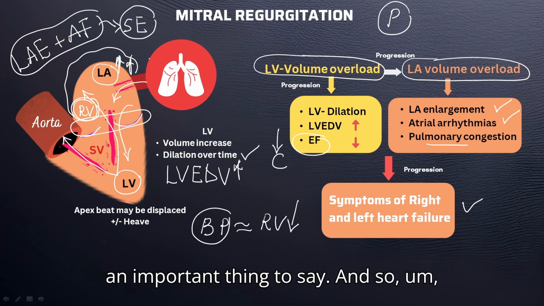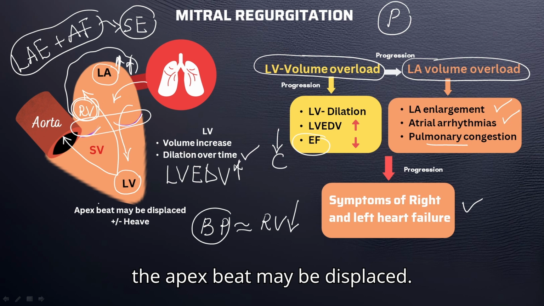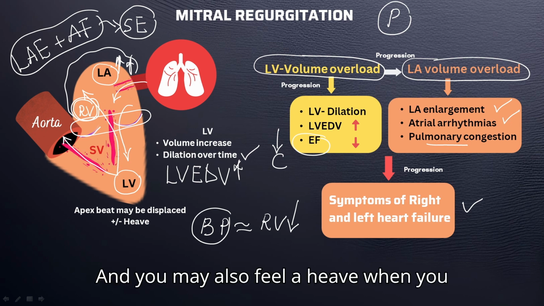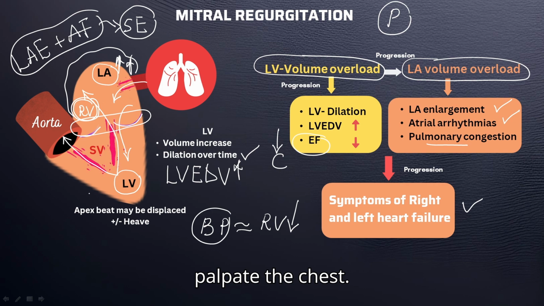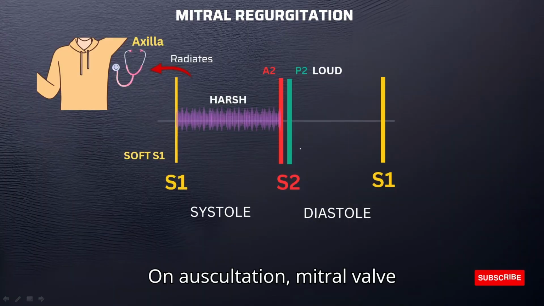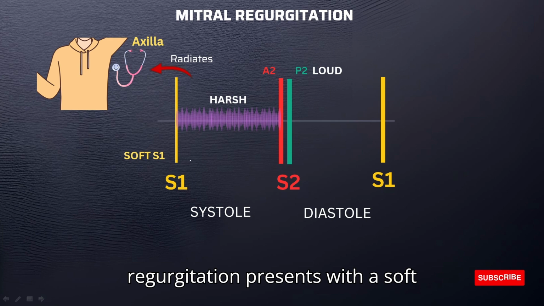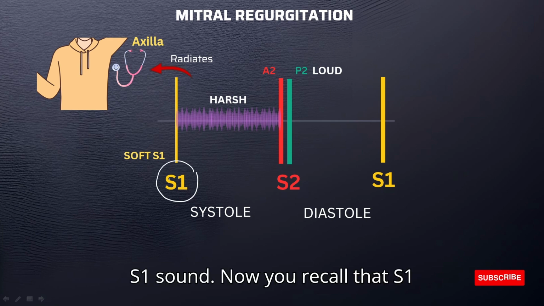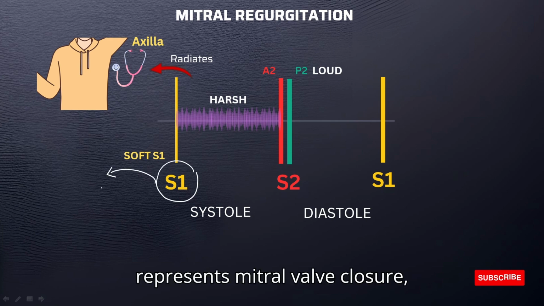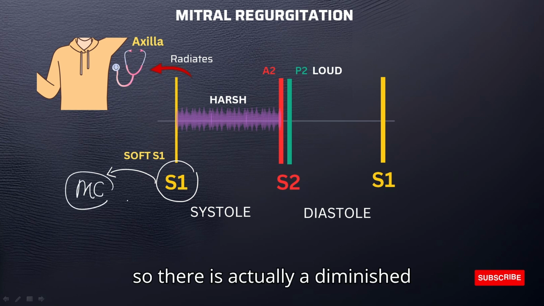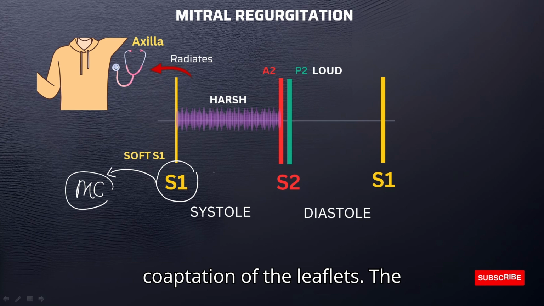And so the apex beat may be displaced, and you may also feel a heave when you palpate the chest. On auscultation, mitral valve regurgitation presents with a soft S1 sound. Now you recall that S1 represents mitral valve closure. So there is actually a diminished coaptation of the leaflets.